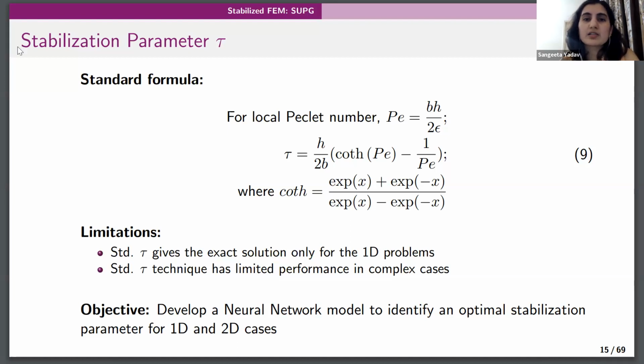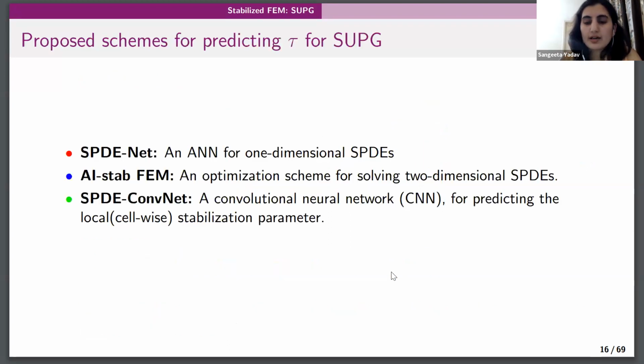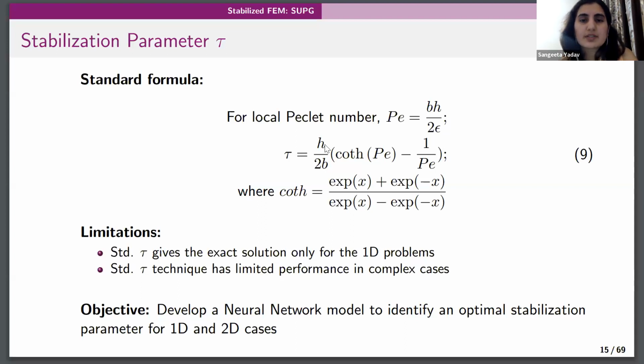And secondly, this formula is not applicable to complex cases of non-uniform meshes or other issues. So we aim to develop a neural network model to identify an optimal stabilization parameter in general for all 2D and 3D cases and for complex problems as well. And from this formula, we can deduce that tau, the stabilization parameter, will be dependent on the mesh size h, the convection velocity b, and the diffusion coefficient epsilon.